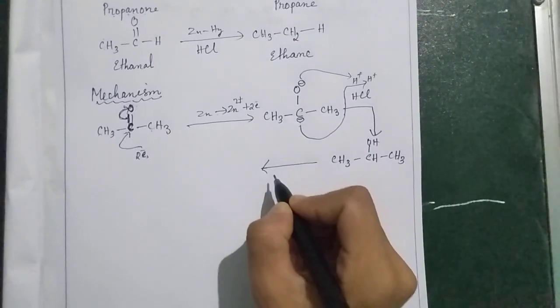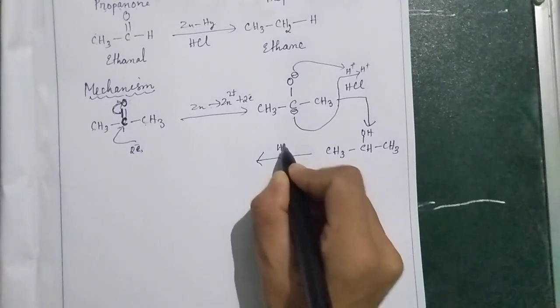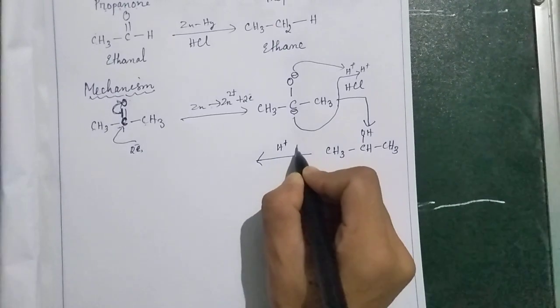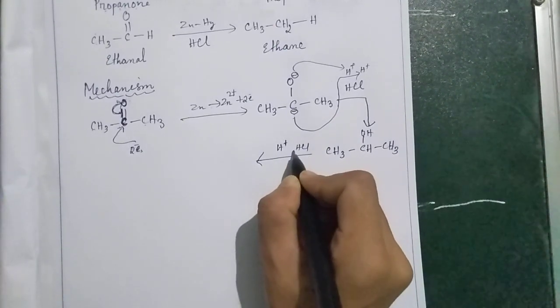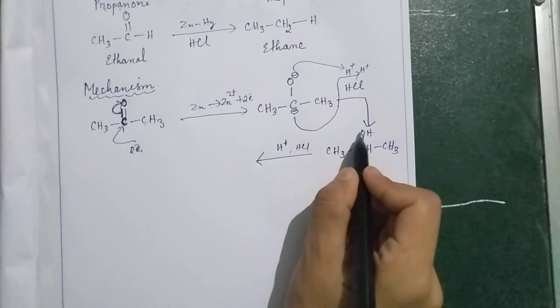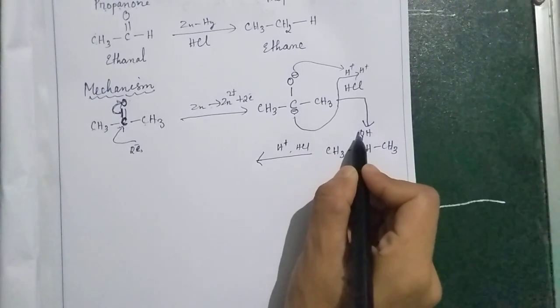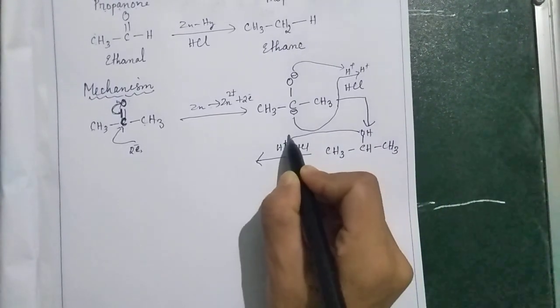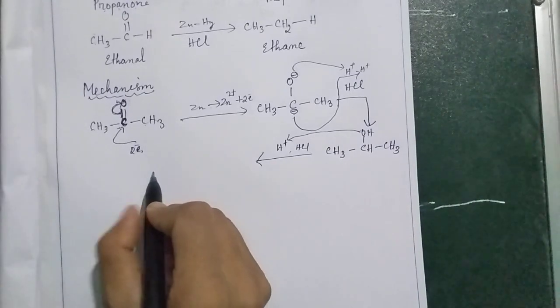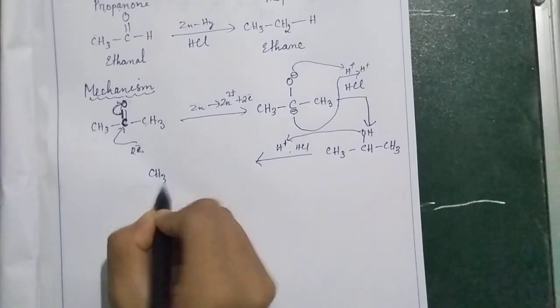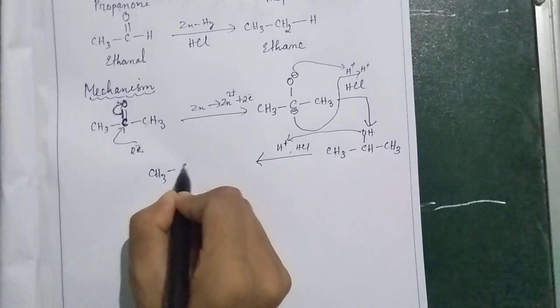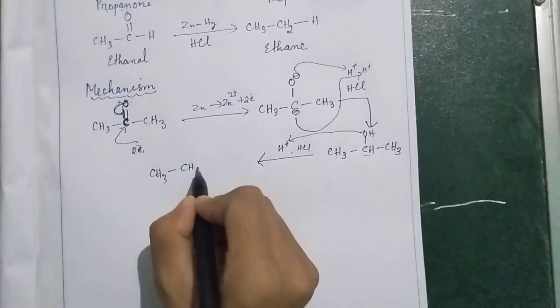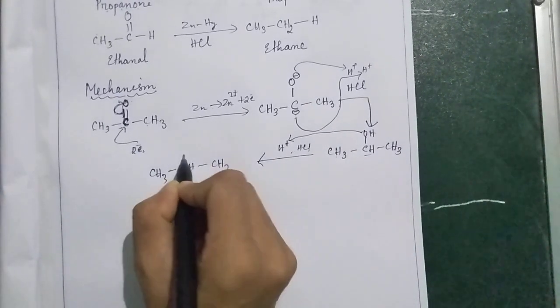Now again, from the solution there is H plus. From where is this H plus? From HCl. Now oxygen, having its lone pair, will try to attract this H positive, and now it will change into CH3, CH, CH3.